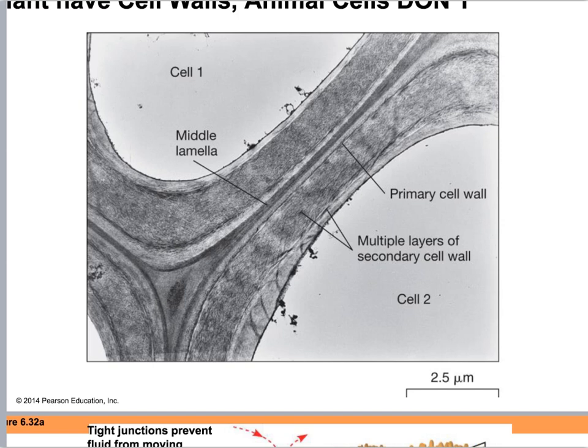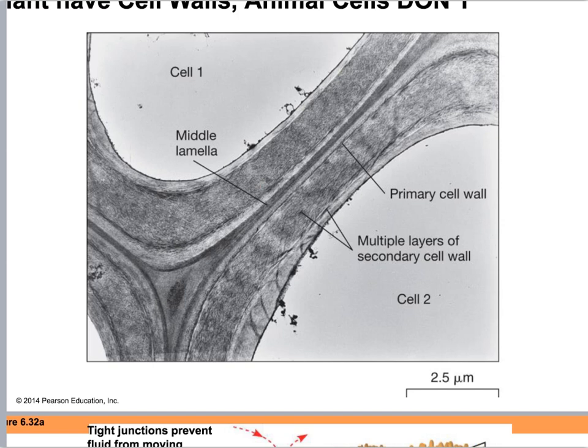Finally, we just wanted to point out again that plant cells have a cell wall, whereas animal cells do not. And we can see this in this picture of two plant cells. We can see the primary membrane of the cell that's here.